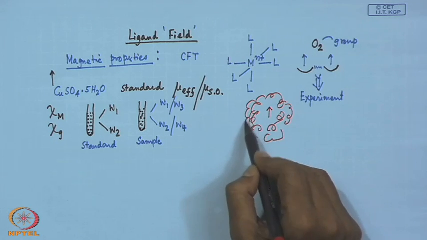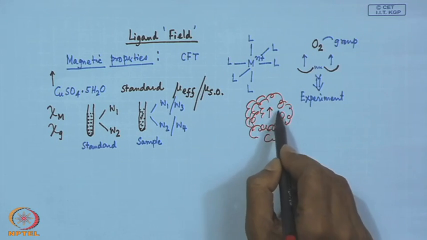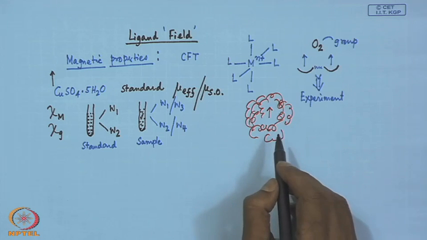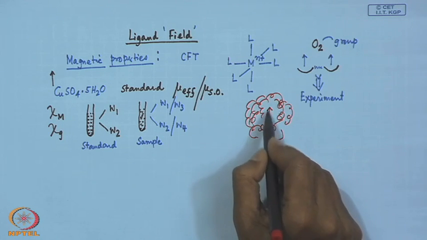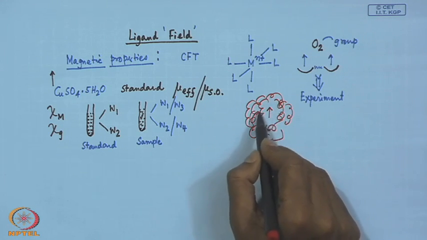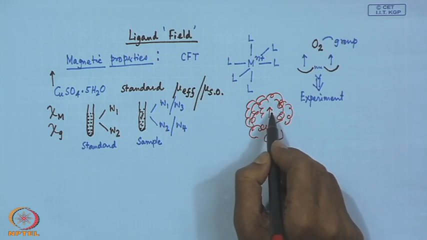The protein chain has a very high molecular weight, several thousand kilodalton, and we have to sense the paramagnetism which is trapped inside the macromolecular chain of the protein structure.